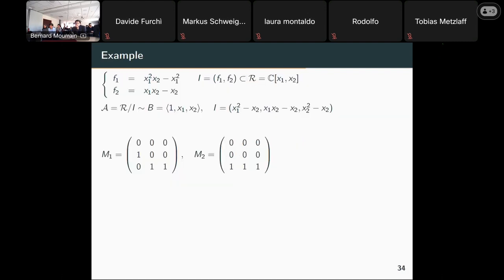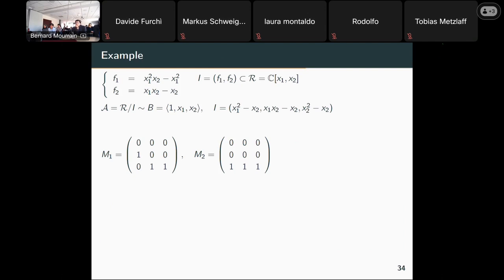So I take an example here. Two polynomials in two variables in the ring C of x1, x2. We can check, maybe by Grobner basis computation or any technique, that the quotient of R modulo I has a basis which is formed by the monomials 1, x1, x2.